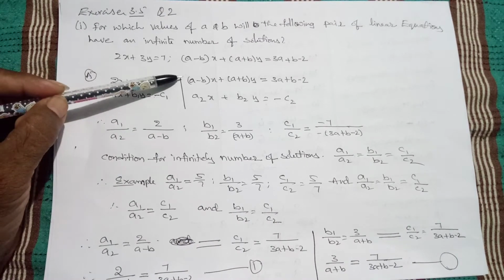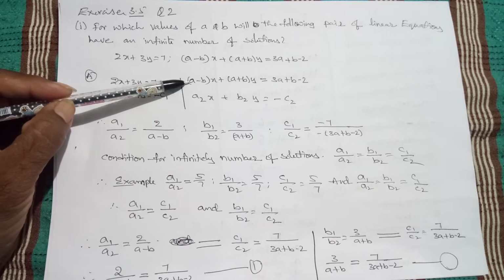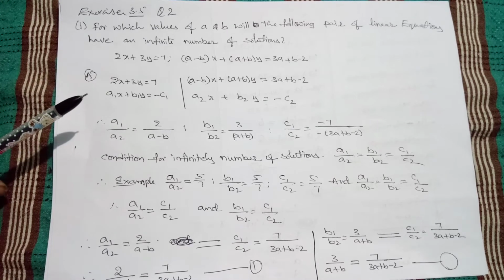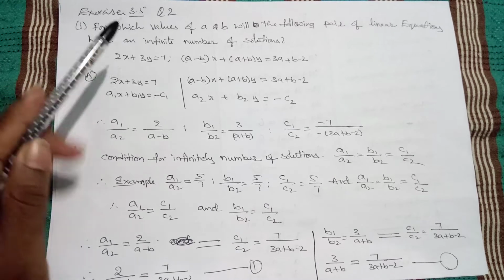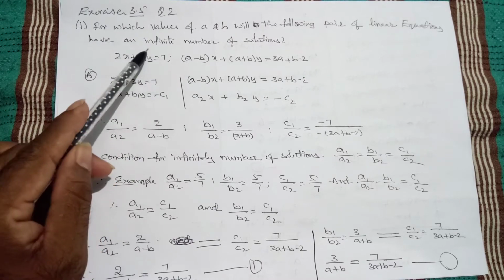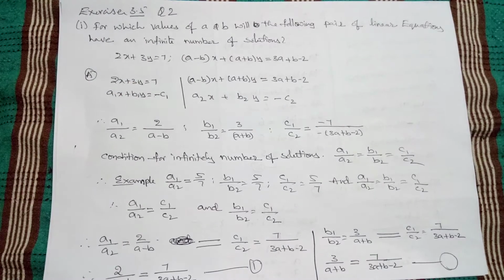Now here we have to find the values of a and b. The condition is that this pair of linear equations has an infinite number of solutions. When there are infinitely many solutions, what is the condition?